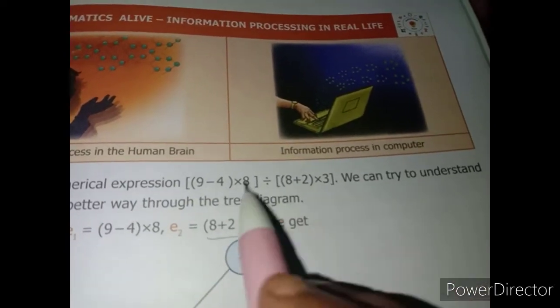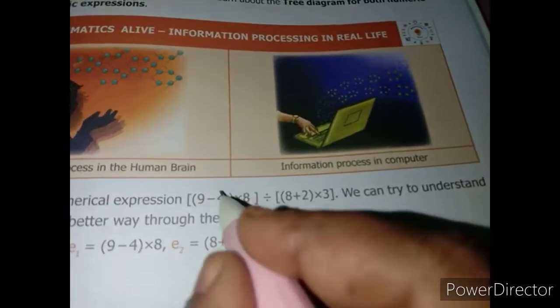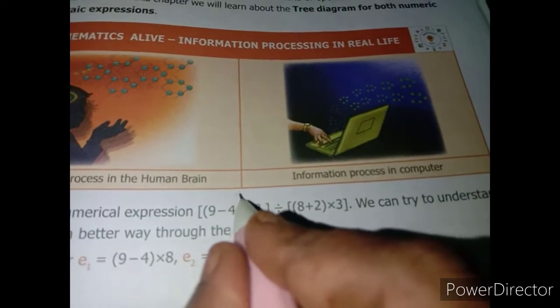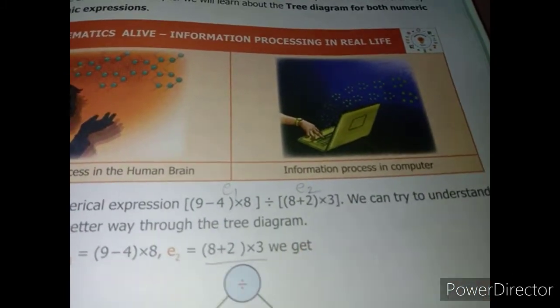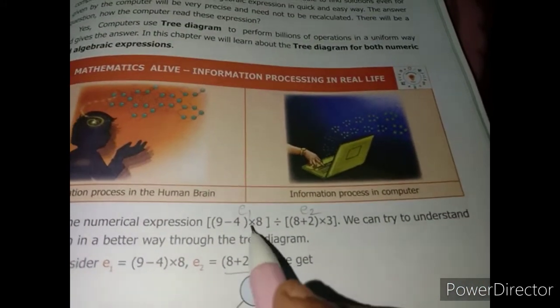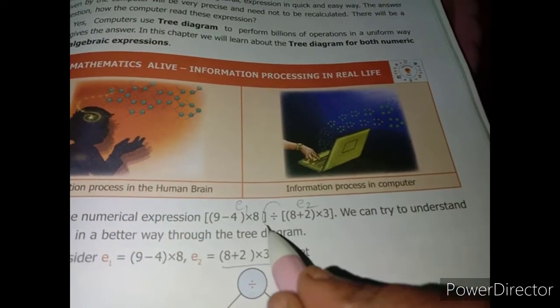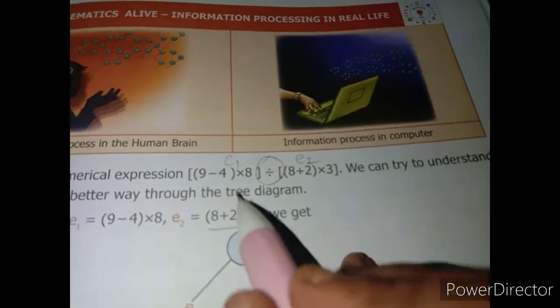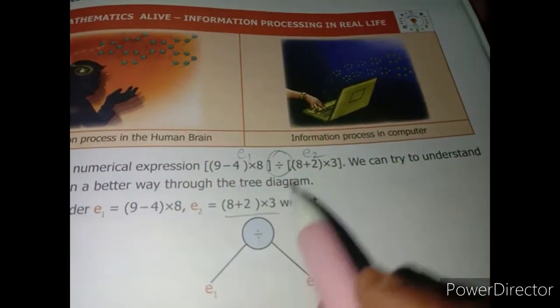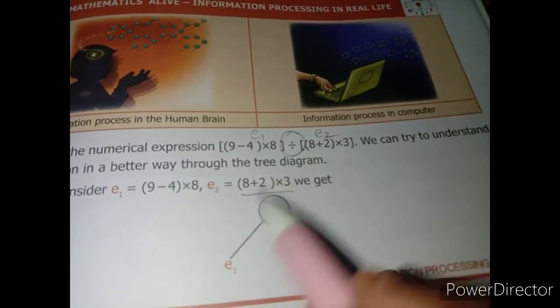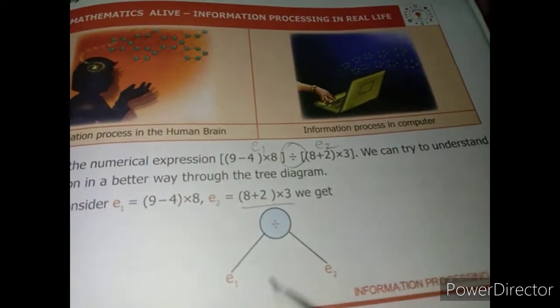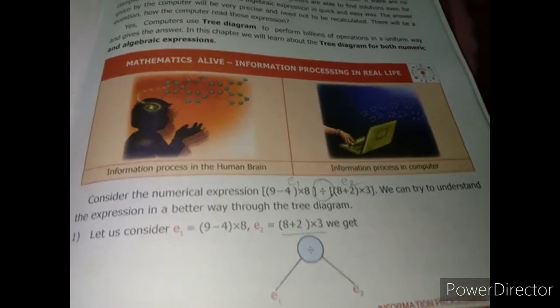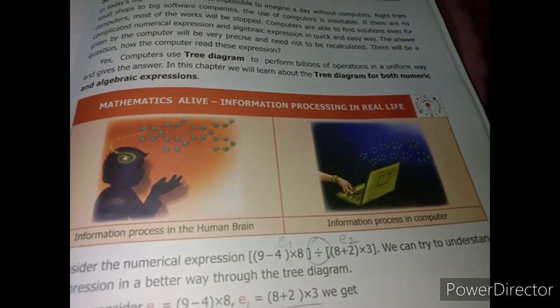These are the main operations here, because they have taken this one as E1 and this one as E2. So this is going to be the body and the main operation is division. So division in the center with the circle, and E1, E2. If they are asking us to explain this, we can write this explanation here. This is what a tree diagram is.